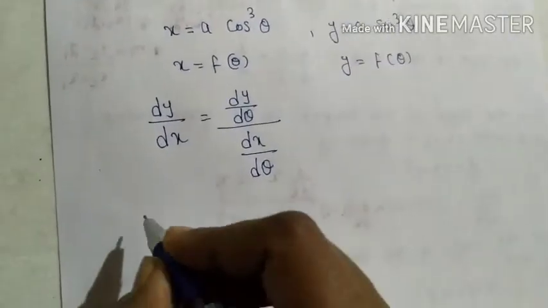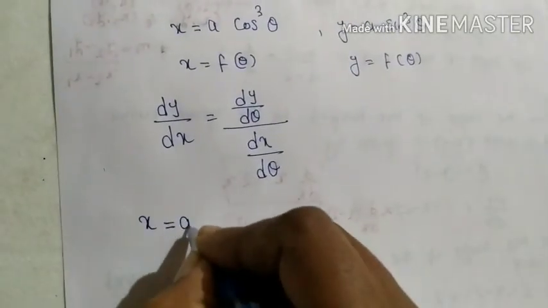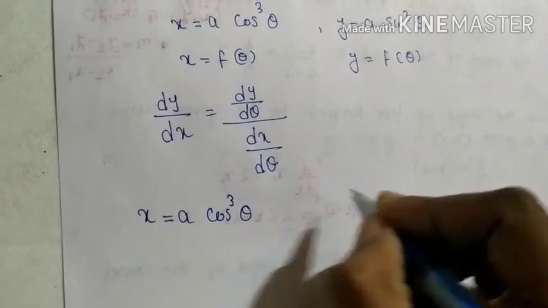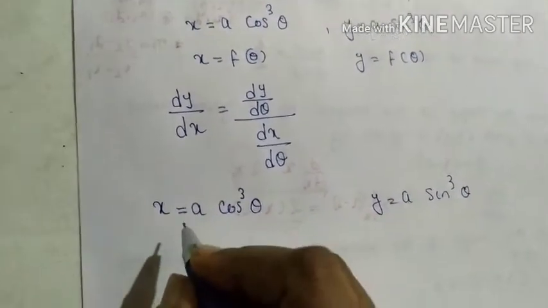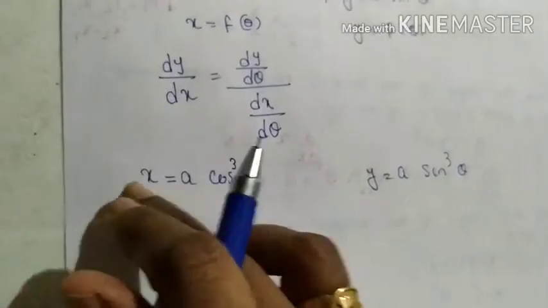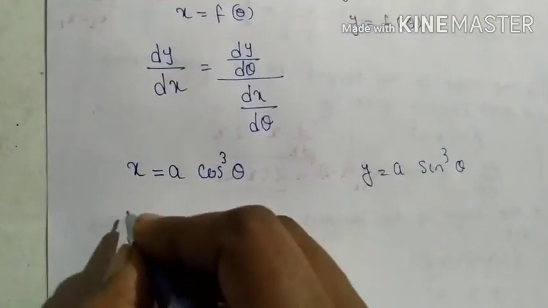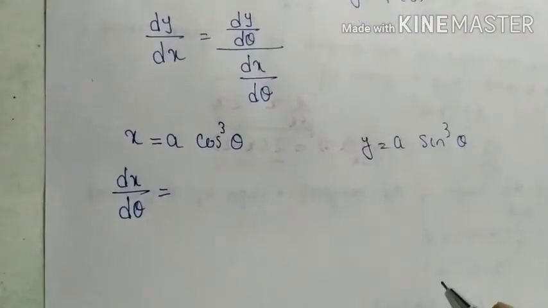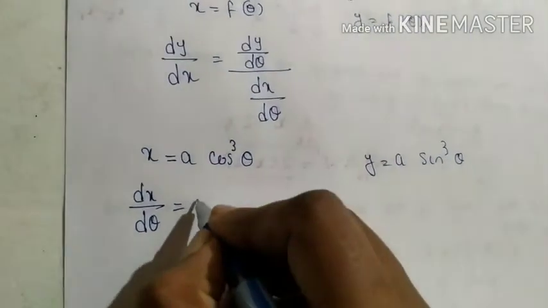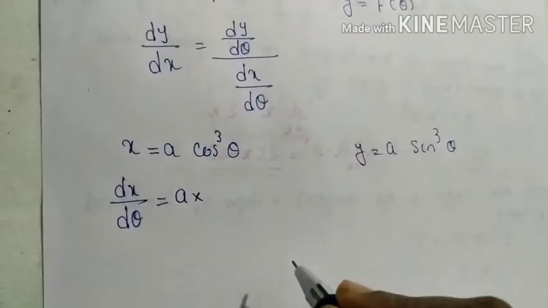Given x equal to a cos cube theta and y equal to a sin cube theta, differentiate with respect to theta on both sides. We get dx by d theta on the LHS, and on the RHS a is a constant, so a into the derivative of cos cube theta.